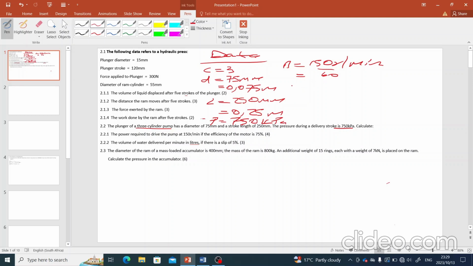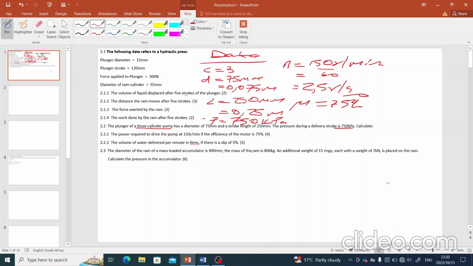If we convert it to seconds, 150 divided by 60, we get 2.5 r per second. Then what else is given? We are also given the efficiency, 75%.